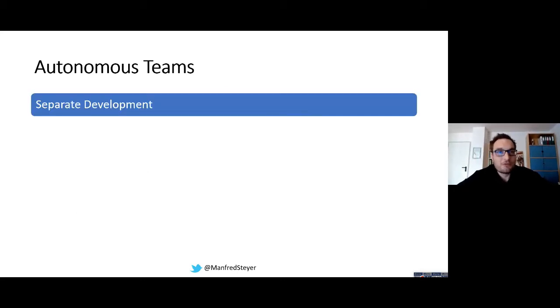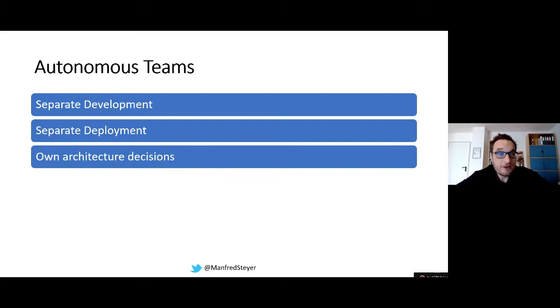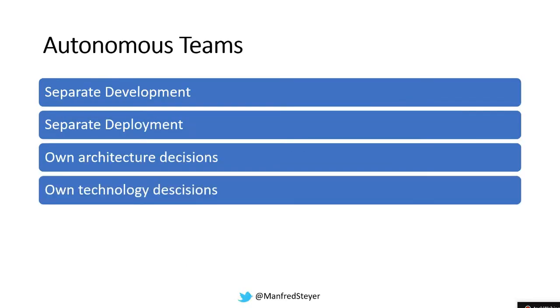And this comes with a lot of further advantages, like we can have a separate deployment, but also a separate development. When we are done, we deploy it and we immediately provide additional business value, as Scrum and other agile methods are saying. We can also do our own architecture decisions as well as our own technology decisions.